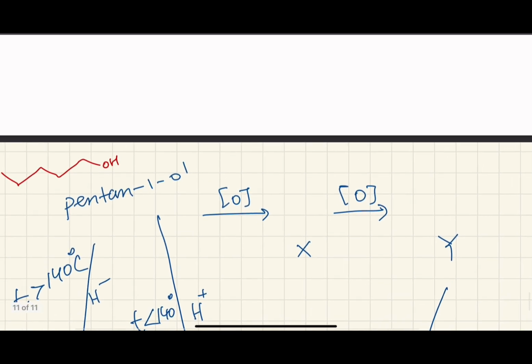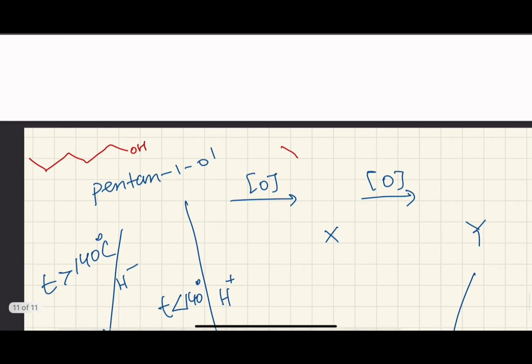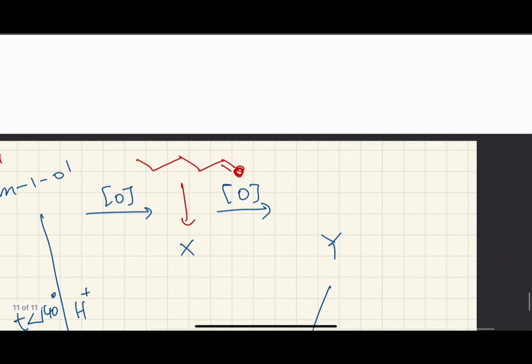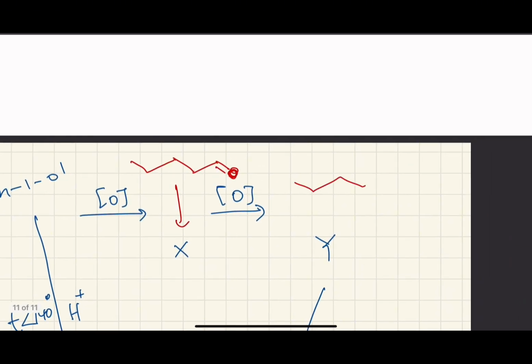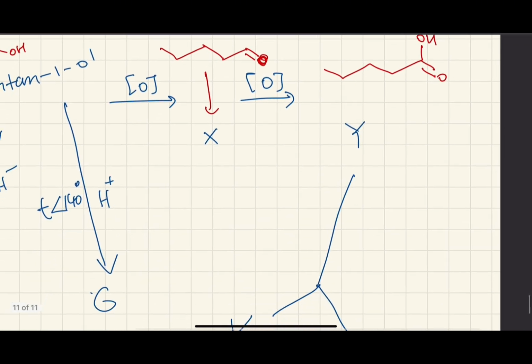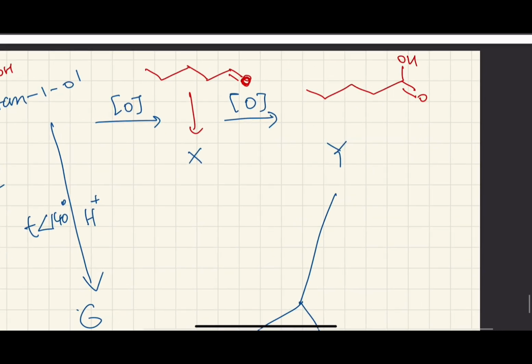Now if I oxidize this, it's just going to give me an aldehyde because it's a primary alcohol. Now that's X. And then if I oxidize this one more time, that's Y. You need to know the name. So this is pentanoic acid. This is pentanol.